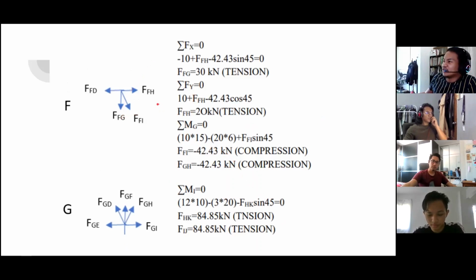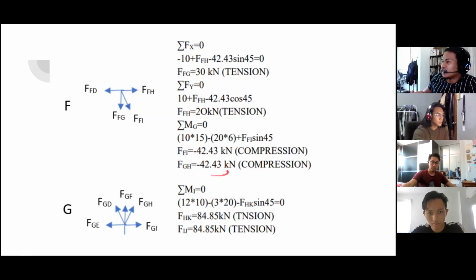Then we find FFH and FFG. FFG first, by horizontal component in equilibrium. There we got FFH, vertical component in equilibrium.